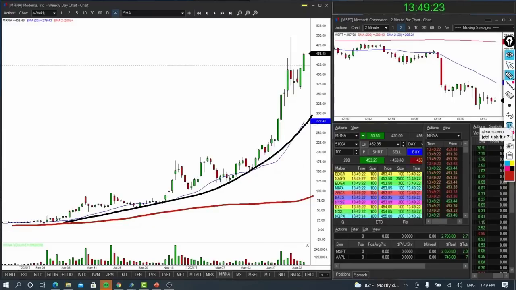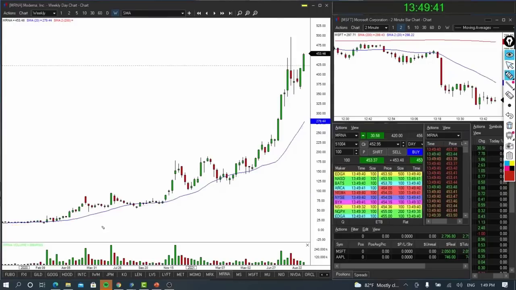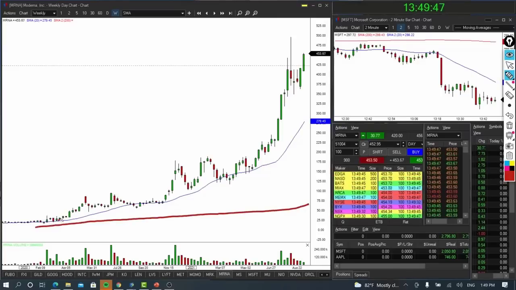Now, remember the 7 concepts. One of those concepts is position, above or below. This is a very easy concept. Is your stock spending the vast majority of its life above these 2 moving averages? Yes.